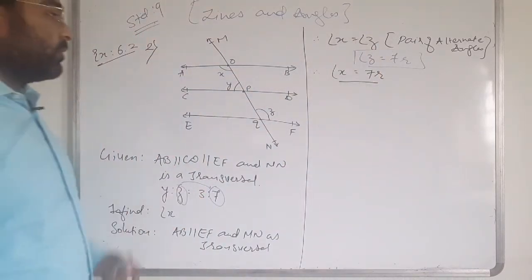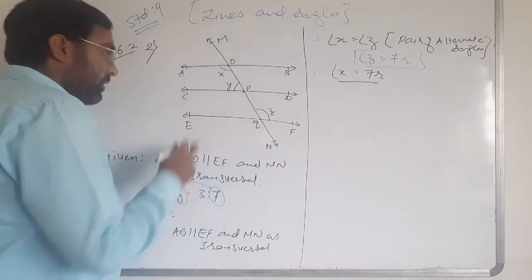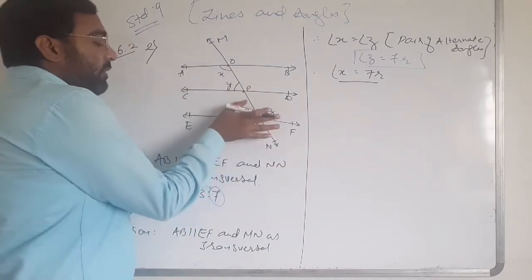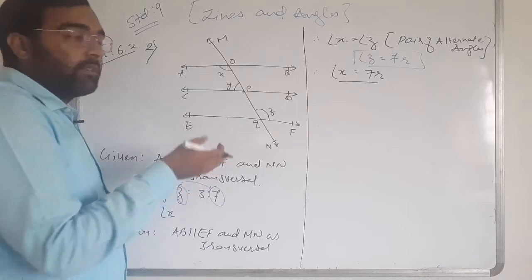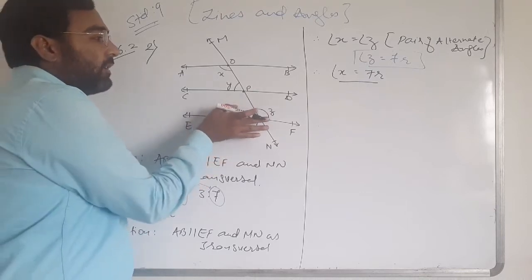Now we take AB parallel to CD. In the second step, remove line EF.